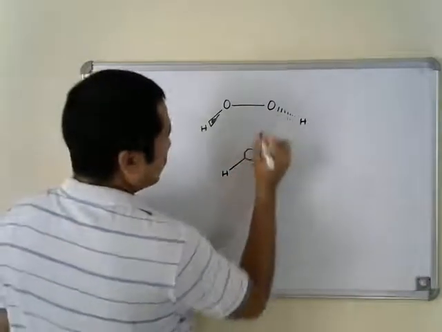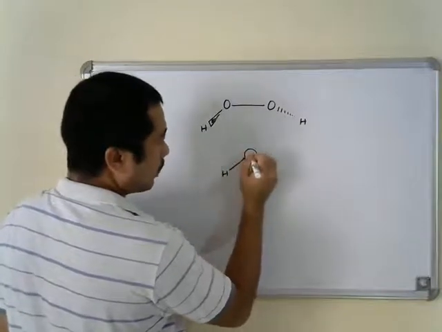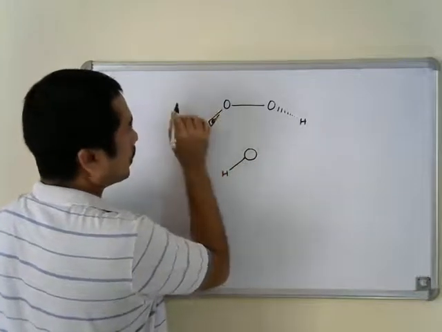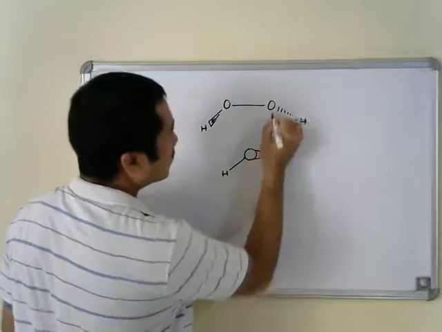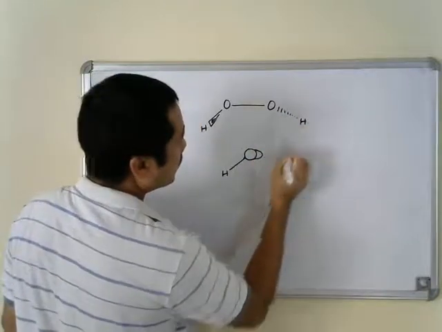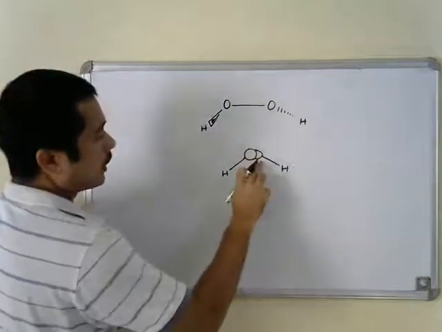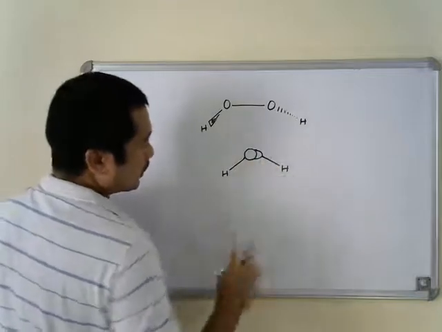The other oxygen atom will lie exactly below this oxygen atom, and it will not be visible to us if we look at the molecule from this direction, but we will just see the edge of it, and then this hydrogen atom is attached to the oxygen atom that is below in this particular fashion.